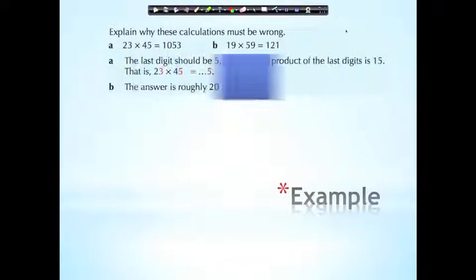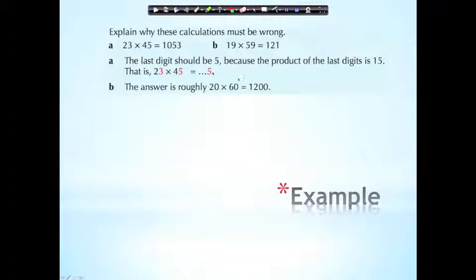So for the first one, the last digit should be a 5, because the product here is 15. So we're multiplying something by 5, so the end value has to be ending with 5.